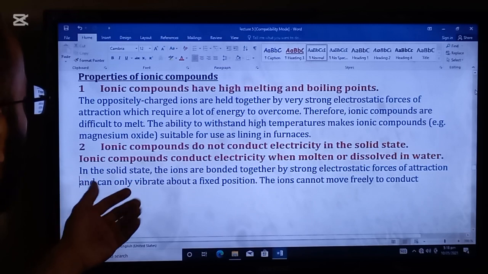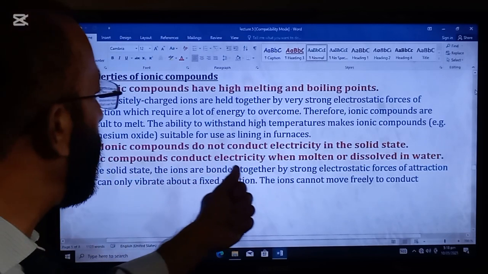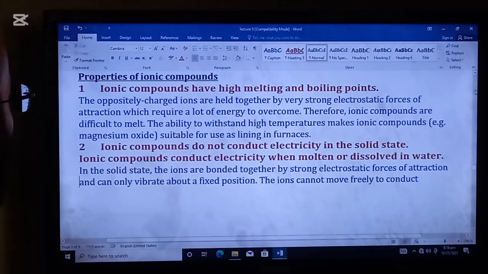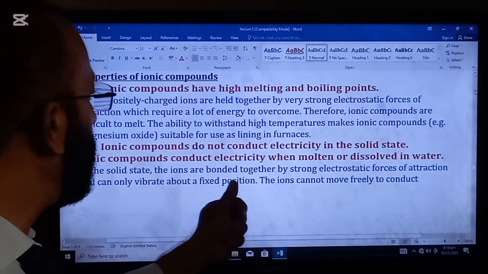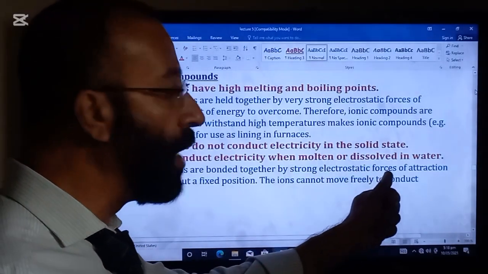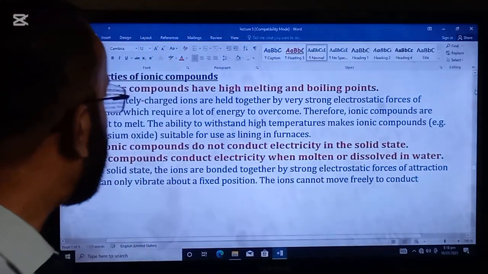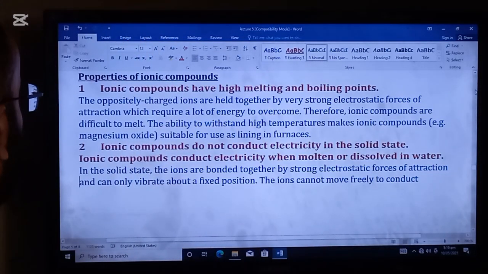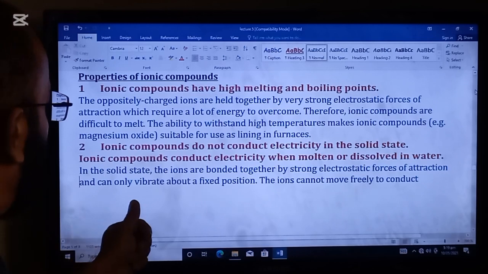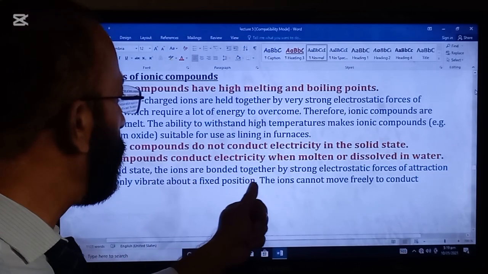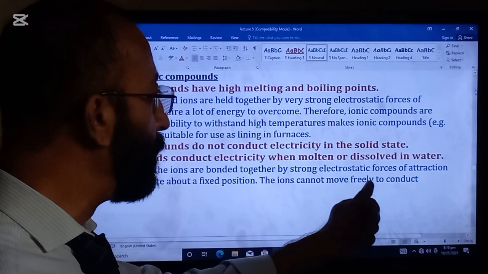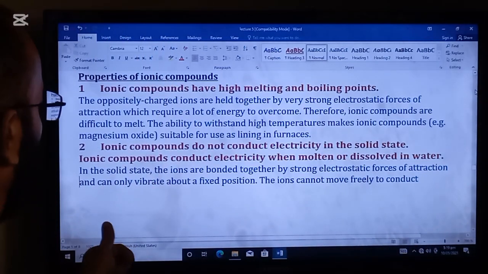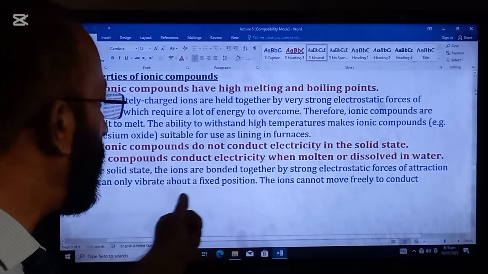The second property is ionic compounds do not conduct electricity in the solid state. Ionic compounds conduct electricity when molten or dissolved in water. Explanation of this property is in the solid state, the ions are bonded together by strong electrostatic forces of attraction and can only vibrate about a fixed position.